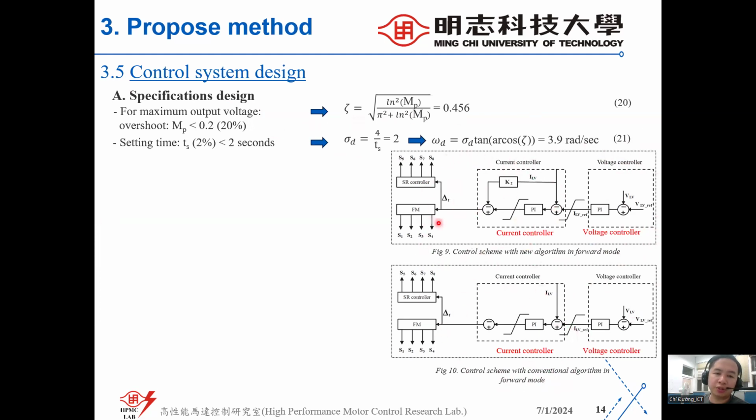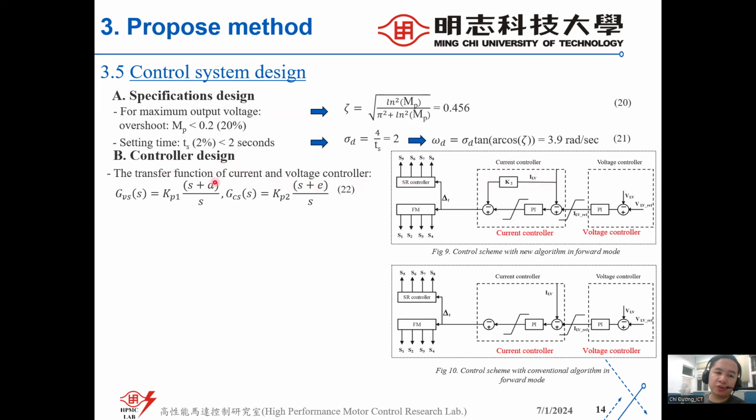After that, we generate the switching frequency to control the PWM controller and frequency modulator. And the difference between the new algorithm and the conventional algorithm is in the current controller. This is the capacitor gain in the current controller, and the transfer function of the current controller is defined in equation 22.